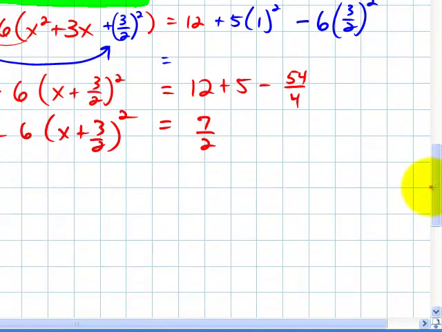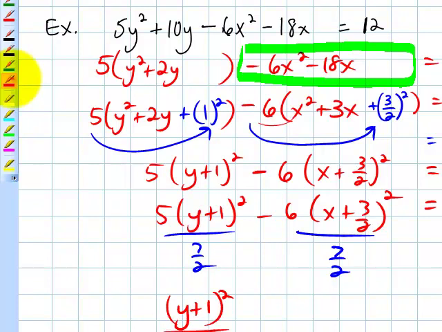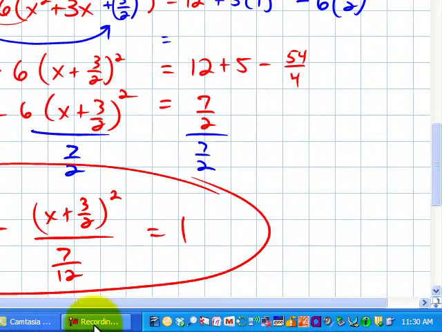Now I got to divide everything by 7 halves. Every single thing by 7 halves. And my final answer, and I want you to really stop and think about this, where I got 7/10 from, and then over here where I've got 7/12 from, and equals 1, because that's my final answer. So rewind that.